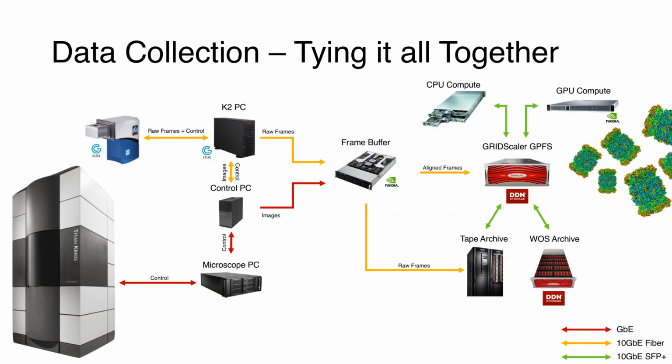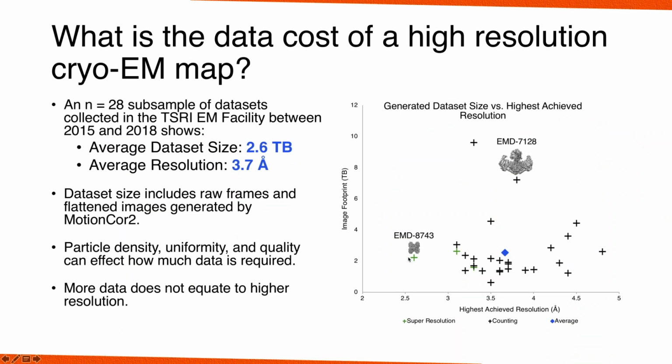I certainly could follow up to see what the highest resolution published structure is out of the facility here, but I think it's this one here. I can't speak to things that aren't published that I don't know about.